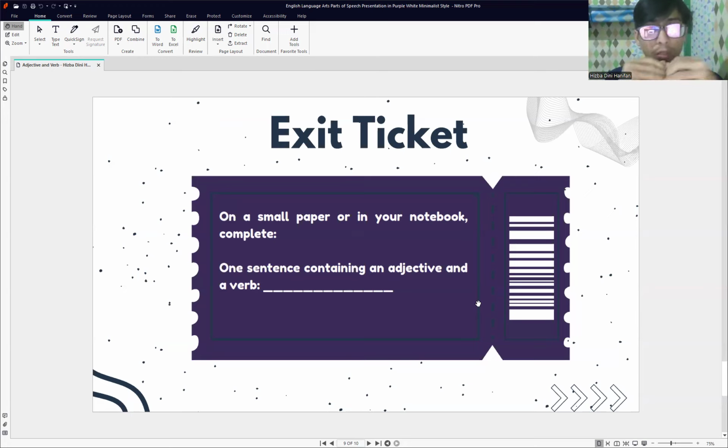So write down a sentence. Don't forget to include the verb and also the adjective. I'll be giving you just 2 minutes. One person just provide a sentence consisting of adjective and also a verb. Start now.